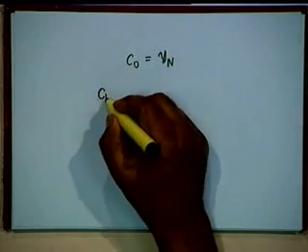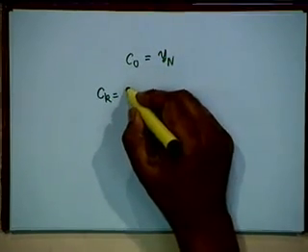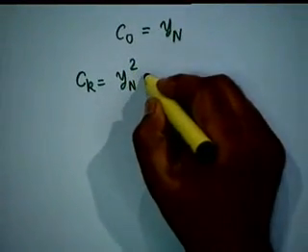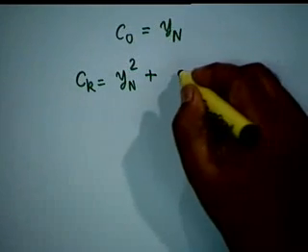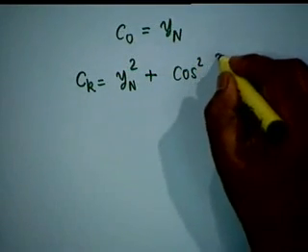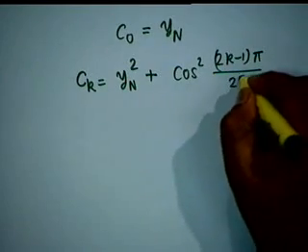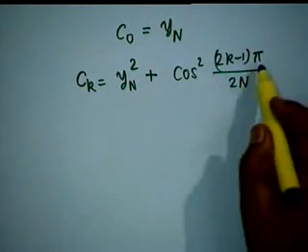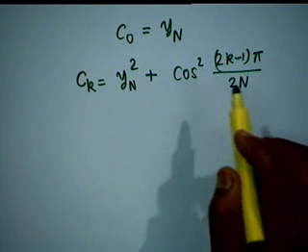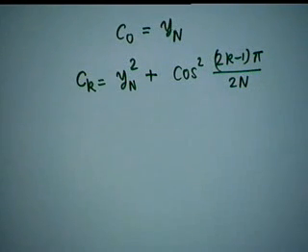Then Ck is Yn squared plus cosine squared of (2k minus 1) pi divided by 2n. If you remember this angle, it is familiar, it is the Butterworth angle, isn't it? Butterworth filters were expressed in terms of sine of (2k minus 1) pi by 2n.